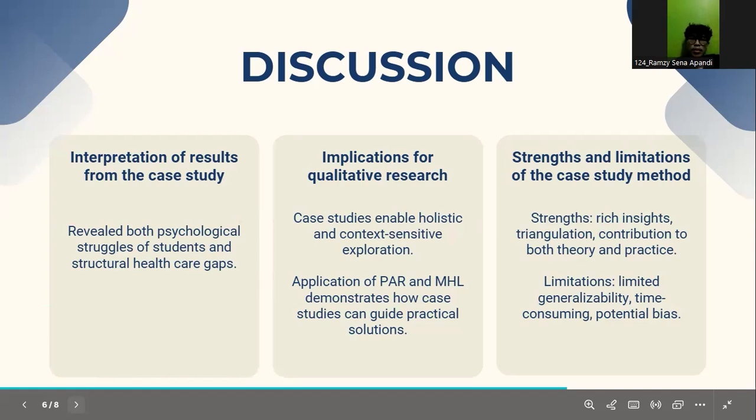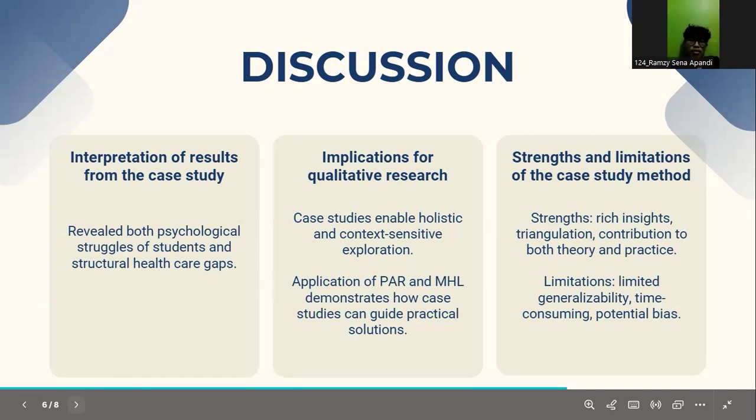By using several methodologies such as interviews, observation, and document analysis, the study ensured triangulation and trustworthiness. Furthermore, the utilization of participatory action research and mental health literacy, or MHL, framework emphasized the value of collaborative engagement between teachers, parents, and students.